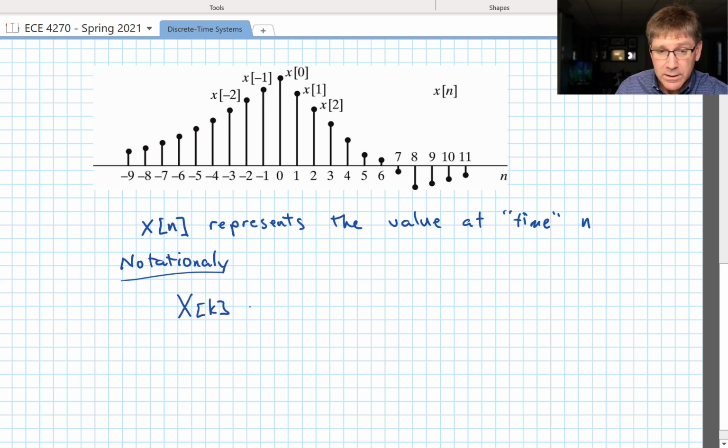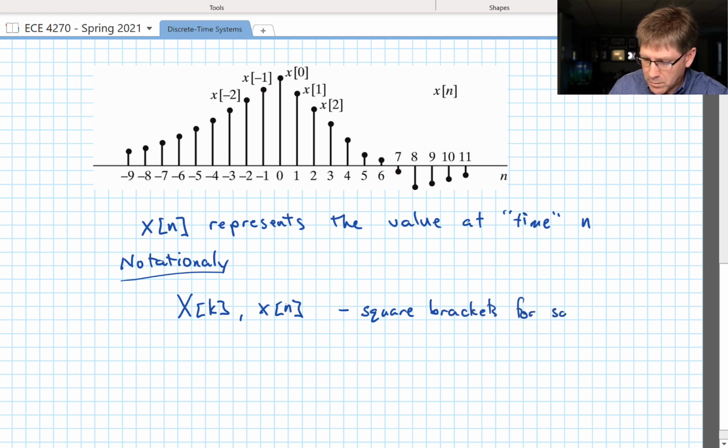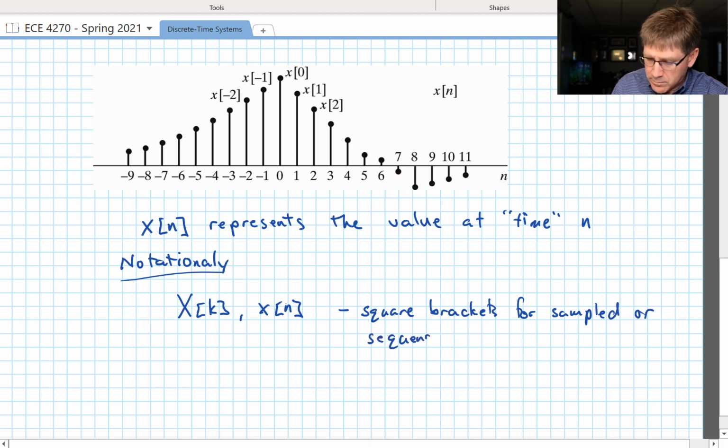So notationally, our textbook uses square brackets for sampled or sequence data. And the textbook uses parentheses for continuous data or continuous arguments.